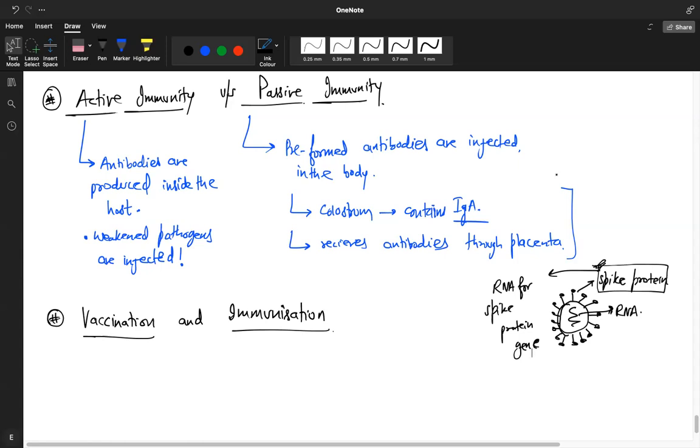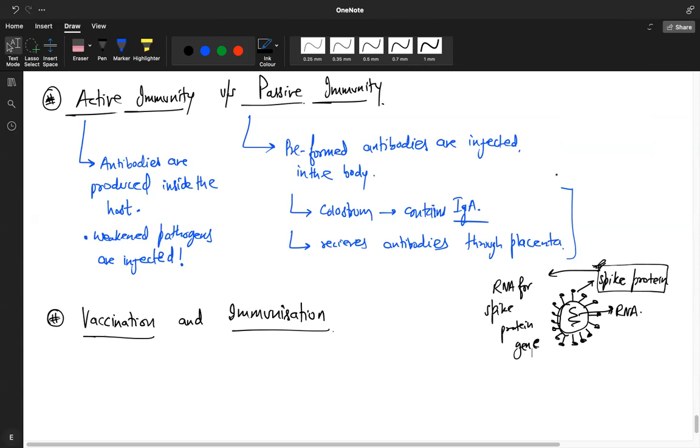But in this case, we were not sure how we can attenuate the virus and how much it can be weakened. What if I inject a weak COVID virus and it starts causing the disease again? It's a major problem. So instead we chose a safe way: just take the RNA for the spike protein, the gene.